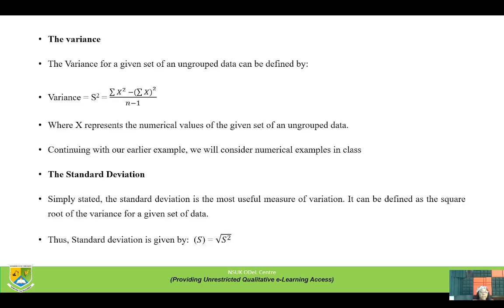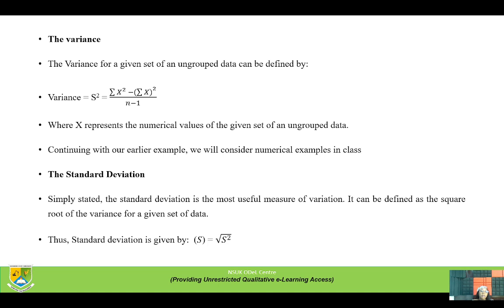The variance. The variance for a given set of an ungrouped data can be defined by the following formula. As you can see, summation of x squared minus (summation of x) all squared over n, divided by n minus 1.